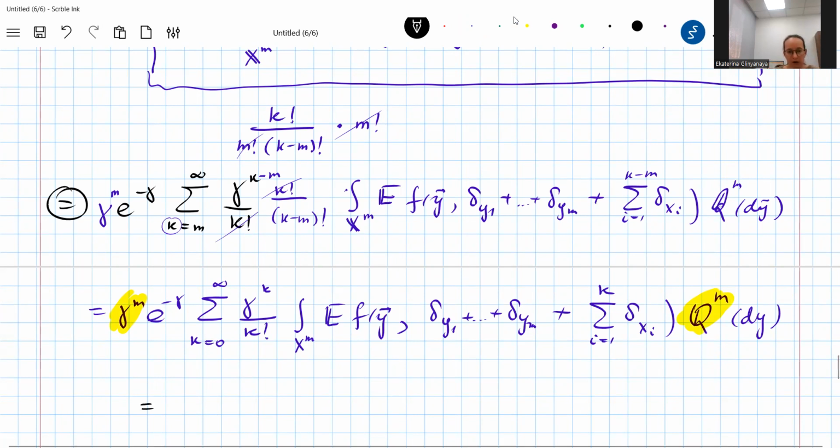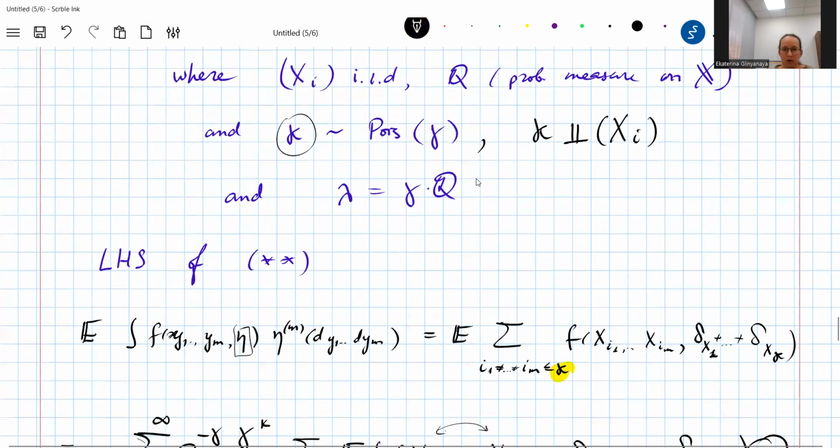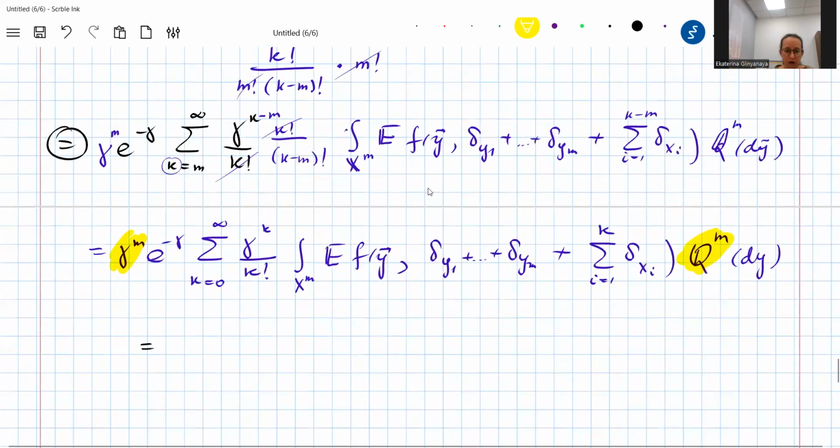Let us recall, we have lambda equal to gamma times q, and this is just the form for a random number of summands for this one.